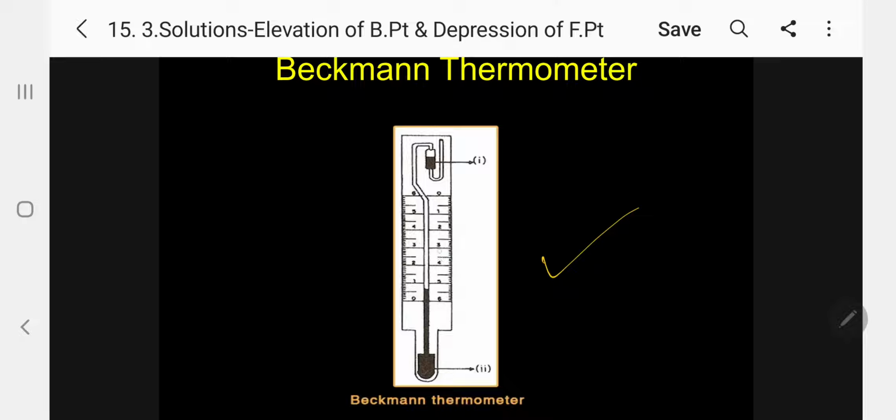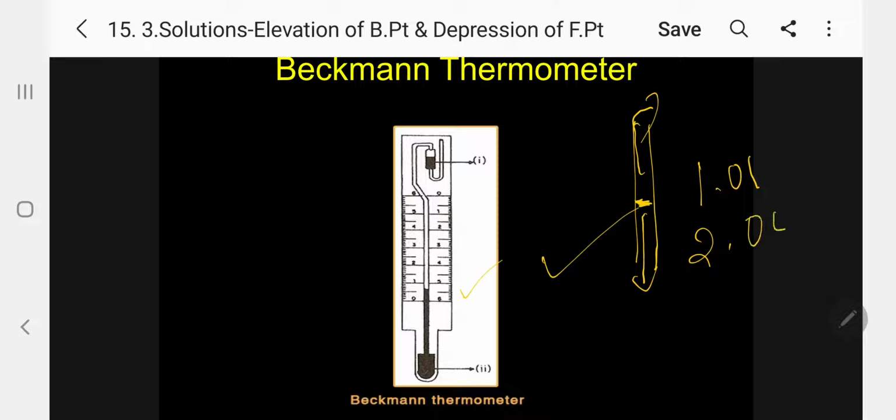When it is coming down, give a slight jerk so that the mercury in the center of the thermometer will break. Here this mercury will come down, and this mercury will go upward. Kindly follow. Now you know the reading here, which will be in terms of 1.01 or 2.05 like that. You can have the reading. So you have set up the apparatus.